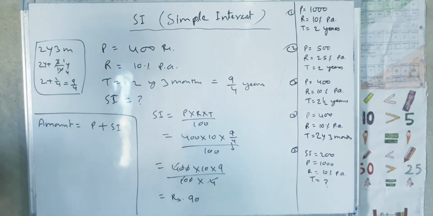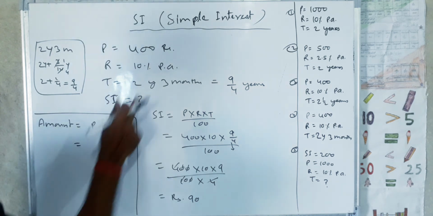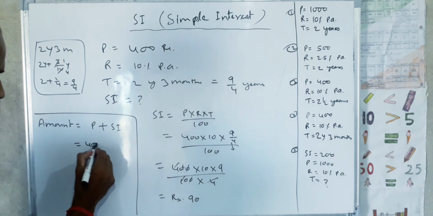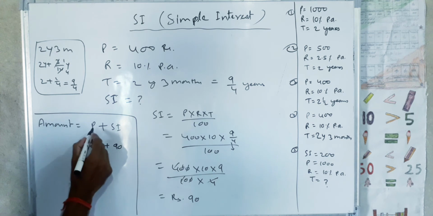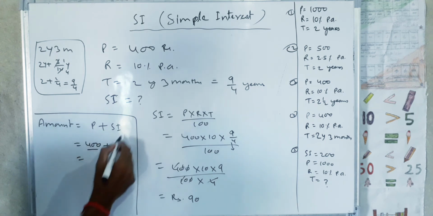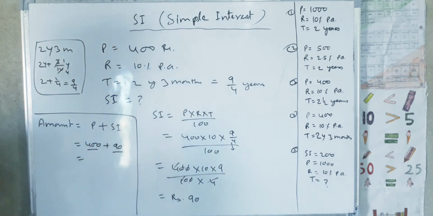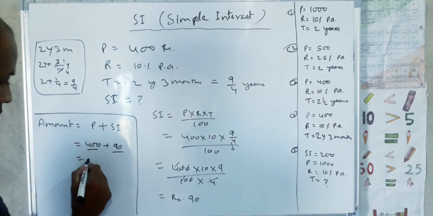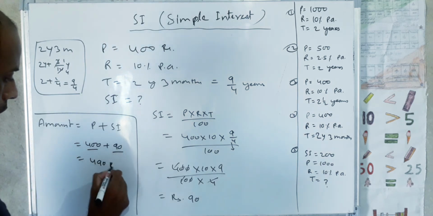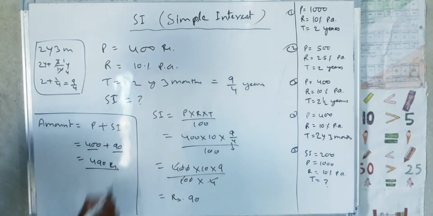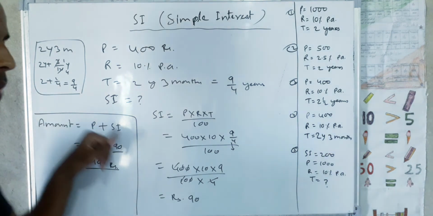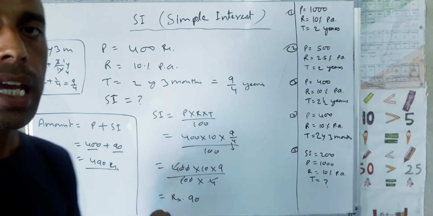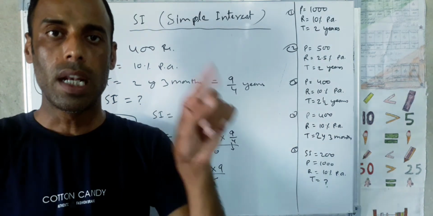So here principal is 400 and SI is 90. So this plus this is 490 rupees. This total is called amount. Principal plus SI is called total amount.